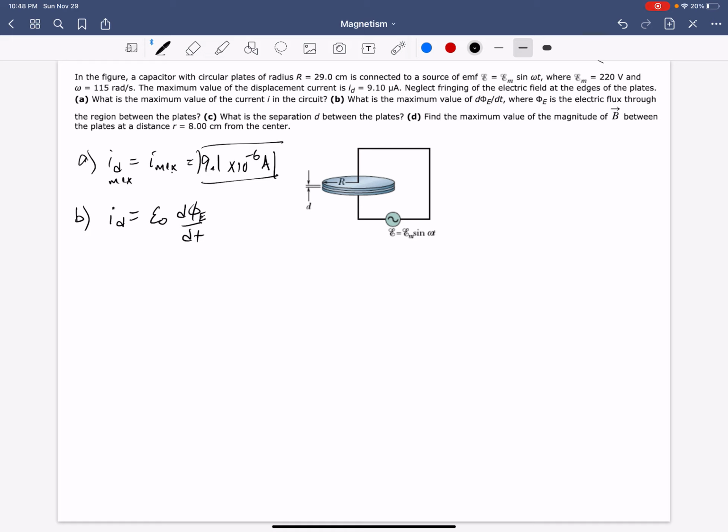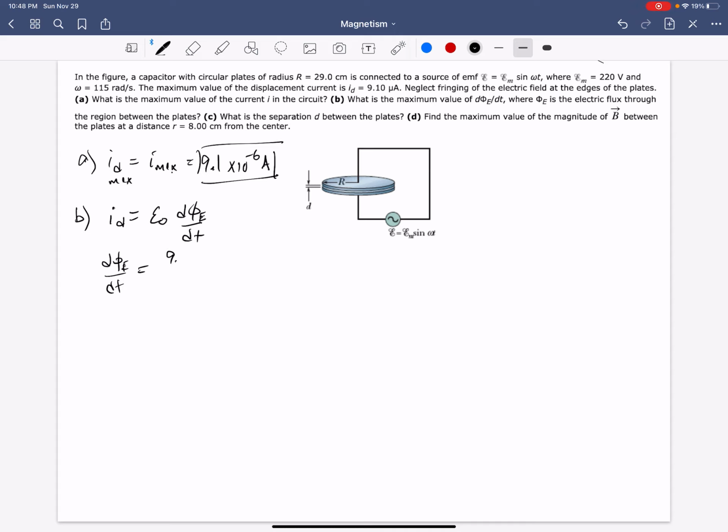So we're simply solving for this expression d phi E dt. Well, that's fairly straightforward. Divide by epsilon naught. We actually don't have to calculate the electric field magnitude or area quite yet, all right? Especially not since we know I and epsilon naught.